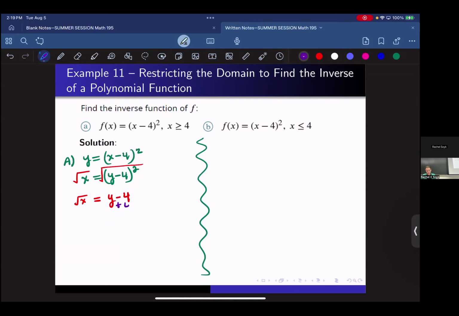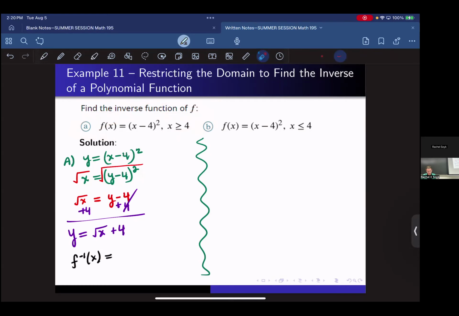Makes it much easier. And then last but not least, put it into that proper function notation. And they give you that x is greater than or equal to 4, so that domain is restricted so that we can actually find the inverse.